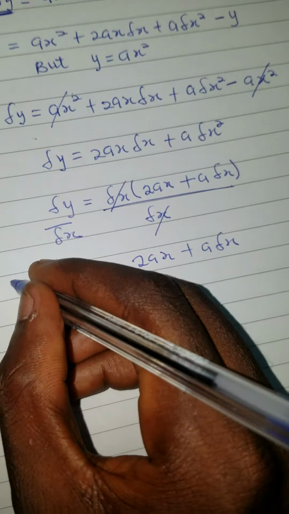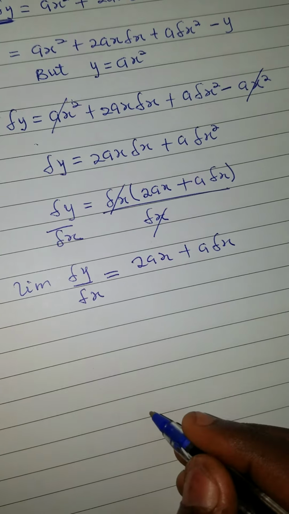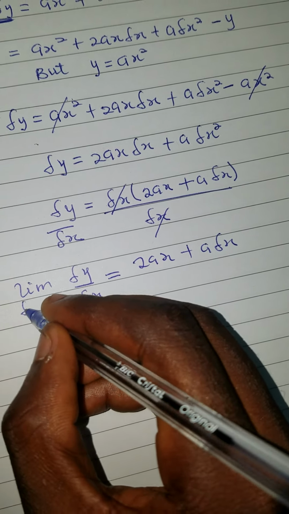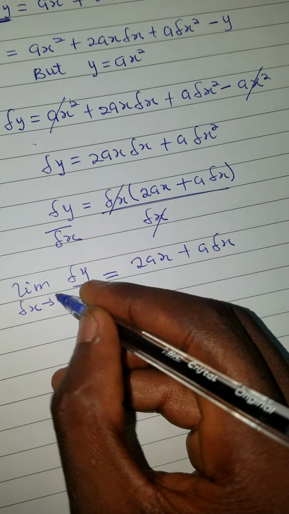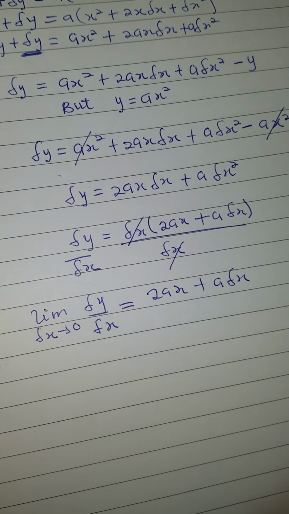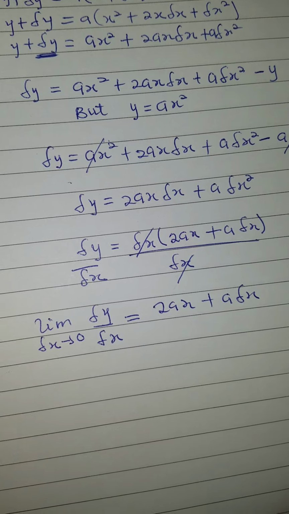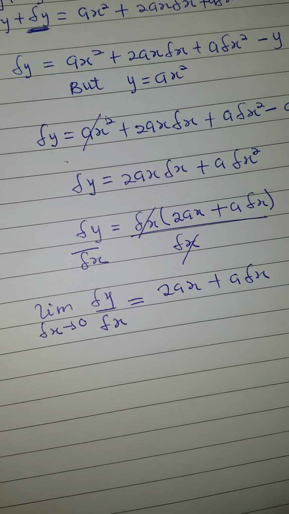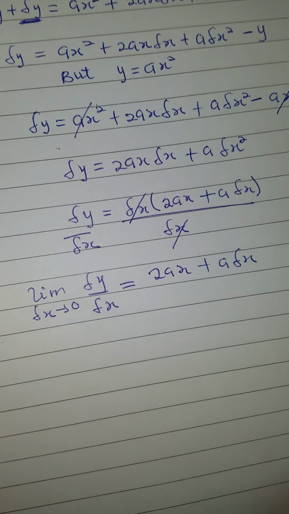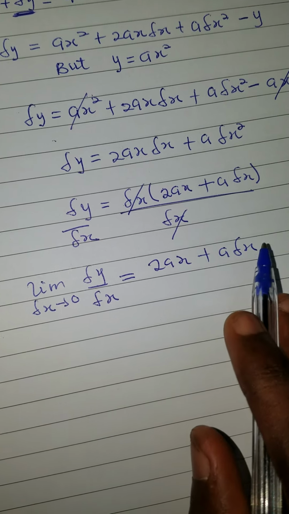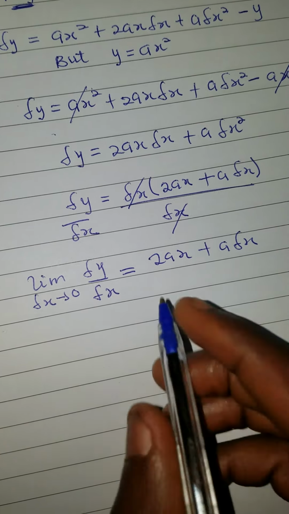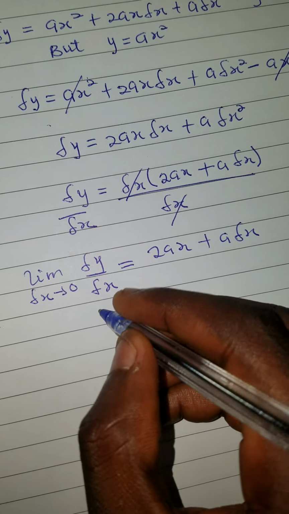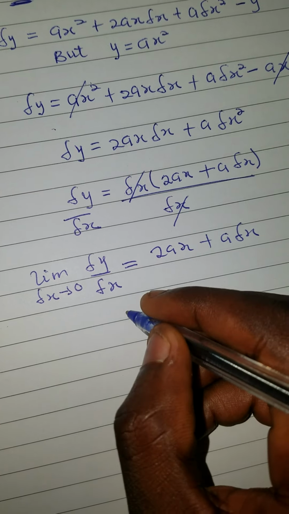Now we said this is what we are looking for: the limit as change of x approaches 0 of change of y over change of x. It means that in the equation, wherever you see change of x, substitute it as 0 in the function.